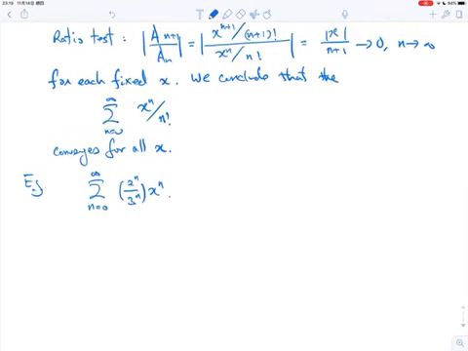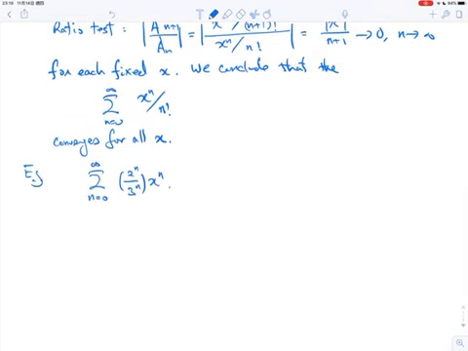So in this case, to investigate whether this series will converge, you can use a ratio test, but this time we choose to use the root test. And by that, we're going to have 2 to the n over 3 to the n, x to the power n. So we want to look at taking the nth root.